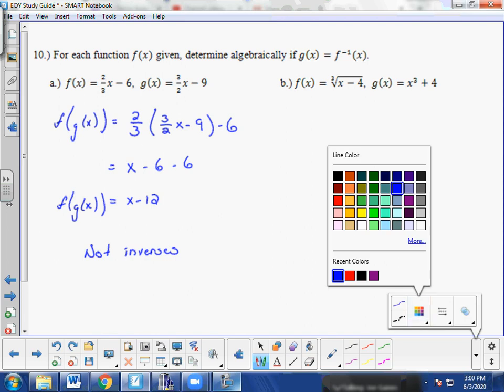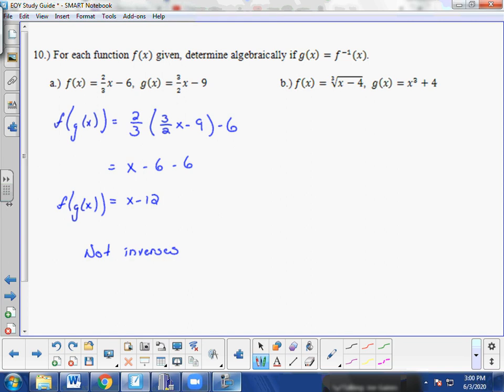You can do the same process for b. So take either function. It doesn't matter which way you do the function composition. So in this case, I will take f of x and put it in for g of x. If you did it differently, that's okay. We should come out with the same answer at the very end of this, though. So if I take f of x and I put it in for g of x, this would now be the cube root of x minus 4, cubed, plus 4.